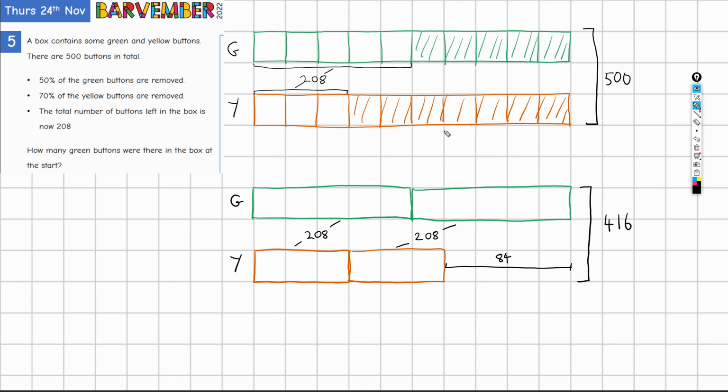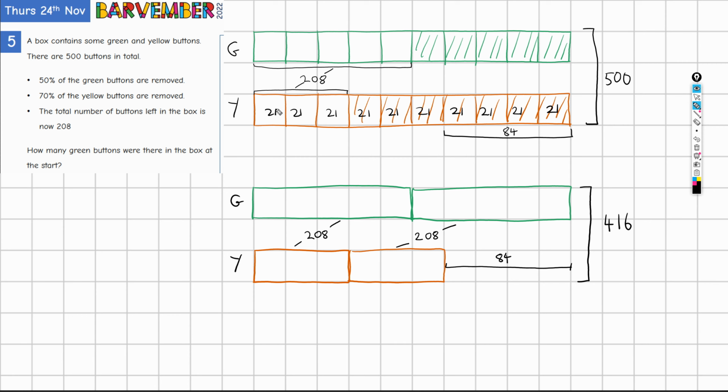Just to make it even more obvious, I can give a value here: this is 84. So 84 divided by 4 gives us 21. So we now know that each of these parts has a value of 21.